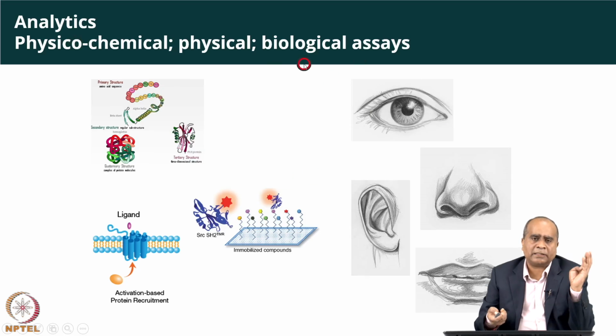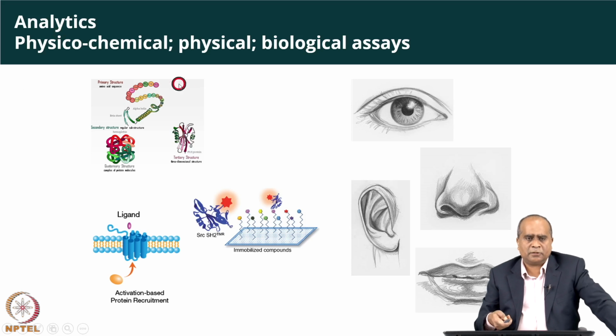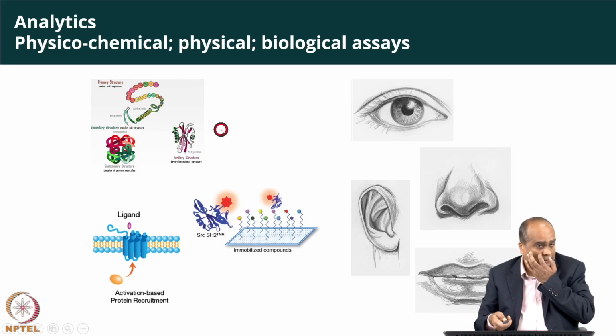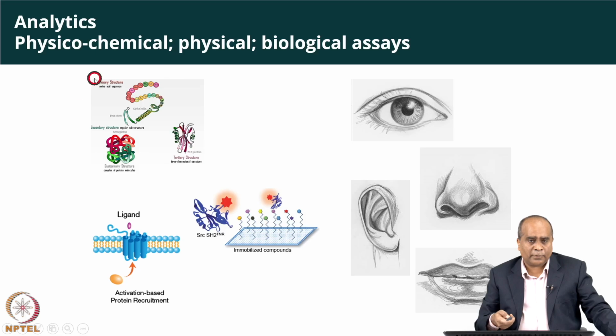All the techniques that I discussed with you, UV visible, CD, FTIR, Raman, can do secondary structure and some tertiary structure. NMR, X-ray and cryo-EM can do the tertiary structure. So, all of these analytical tools give you an idea about the physiochemical properties.